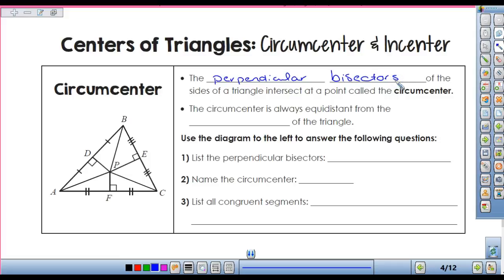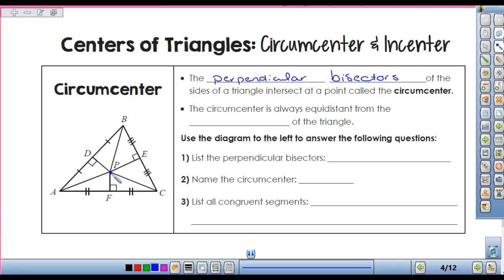The perpendicular bisectors of the sides of the triangle intersect at the circumcenter. So perpendicular bisector here, here, and here, they all intersect in what we call the circumcenter. Okay?